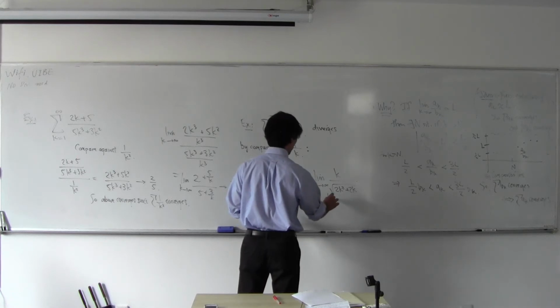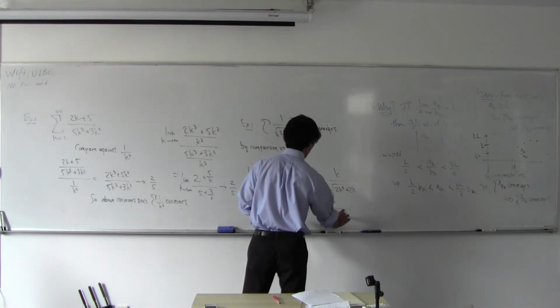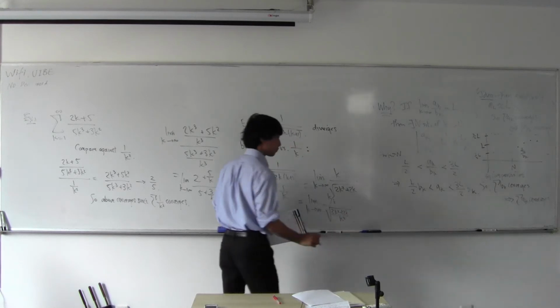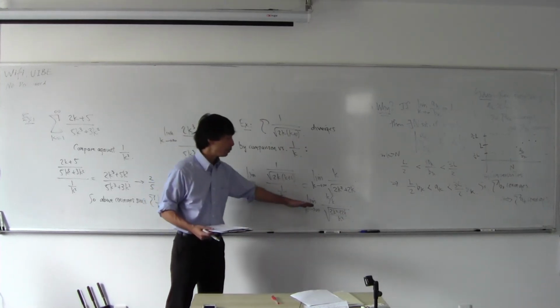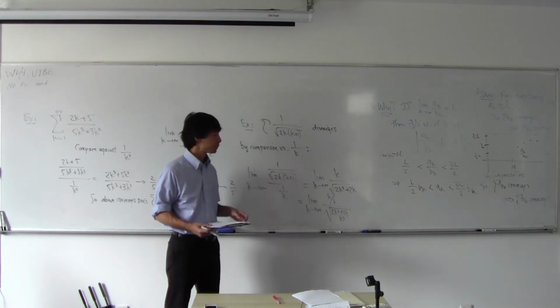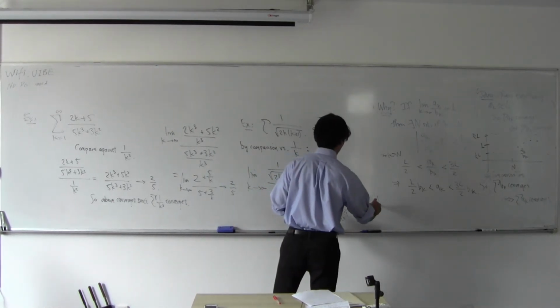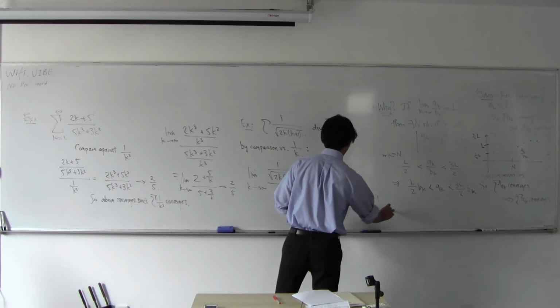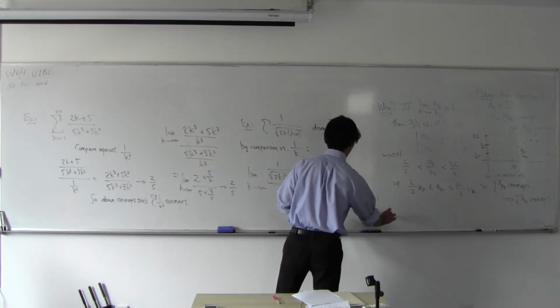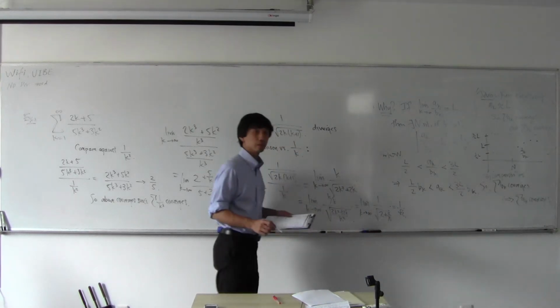I get k over k. Down here, I get the square root of 2k squared plus 2k over k squared, because I divide the bottom by k also. So I get the limit of 1 over, as k goes to infinity, the square root of 2 plus 2 over k. Well, that's a constant. That's a positive constant.